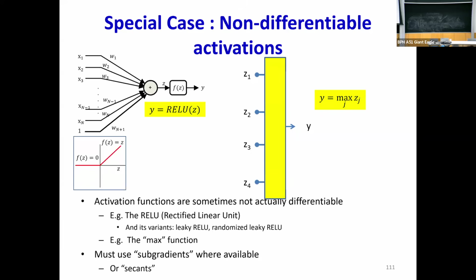Would it be dy dz? I'm not asking for the formula, I'm asking for a value. I guess 0. Is it 0? Depends on the perturbation, correct? If I perturb it this way, then delta y equals 0, right?